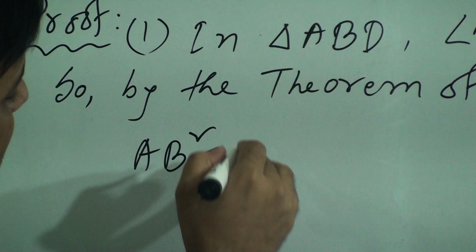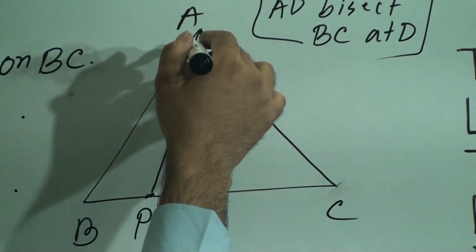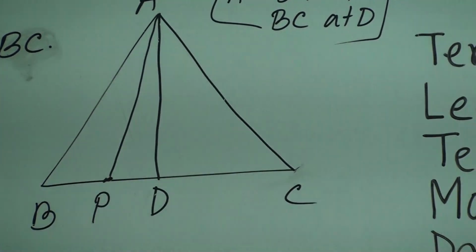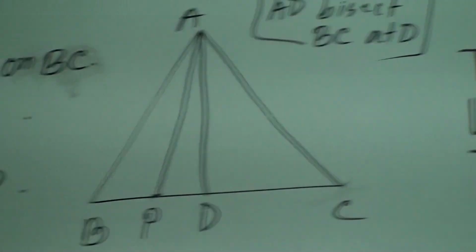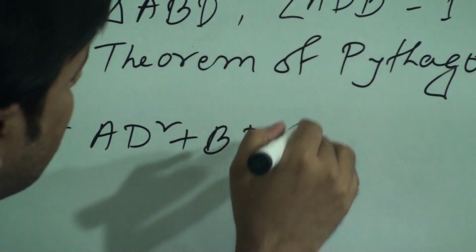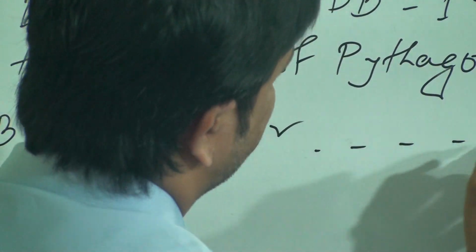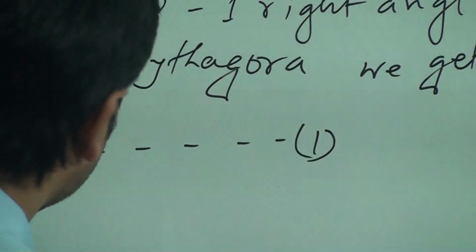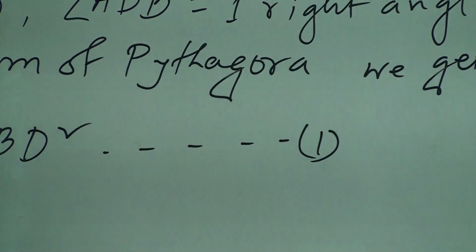So we can write AB square equal to the square drawn on the other two sides, AD and BD. So AB square is equal to AD square plus BD square. We can give this as equation 1.